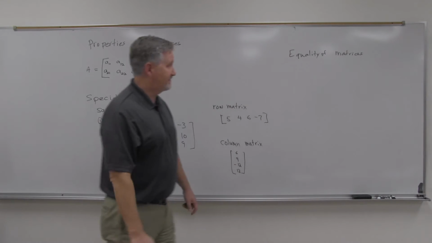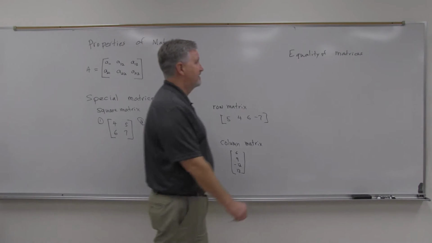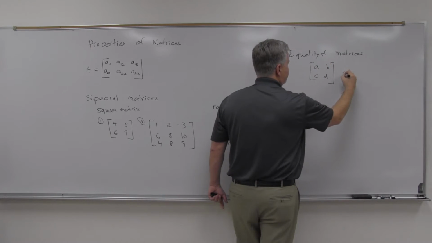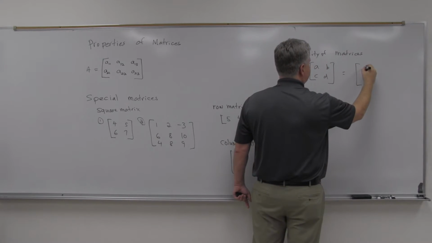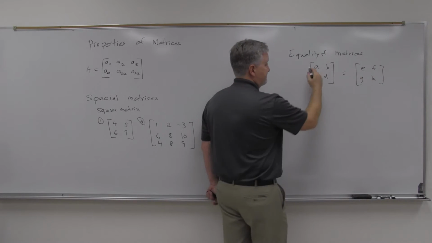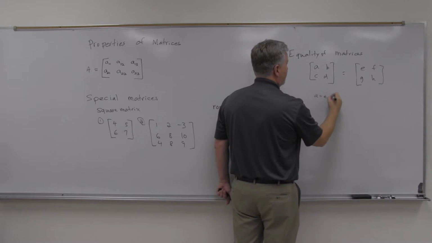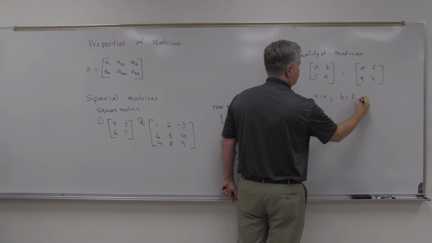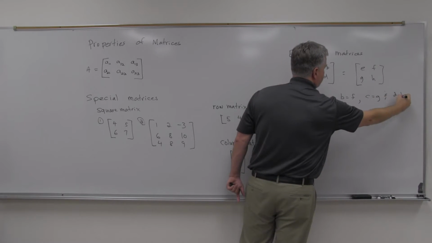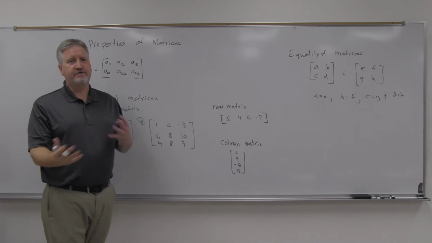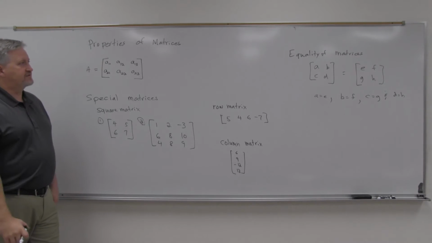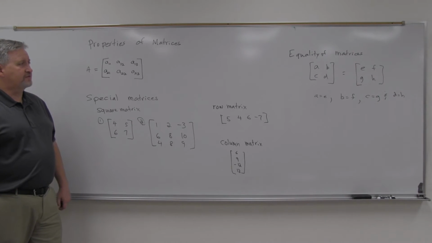The only way an A, B, C, D matrix equals an E, F, G, H matrix is if A equals E, B equals F, C equals G, and D equals H. So, yeah, entry by entry, they just have to be equal. That is the way it's equal.